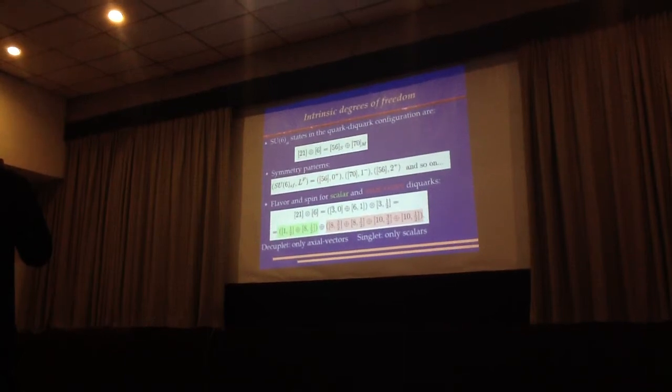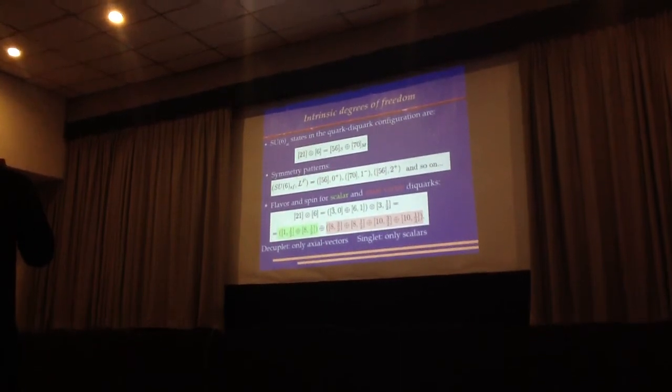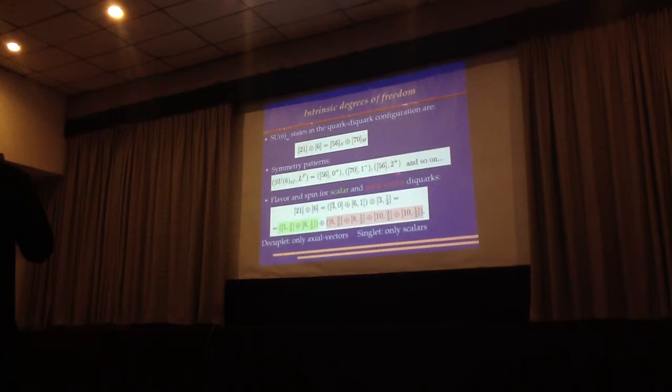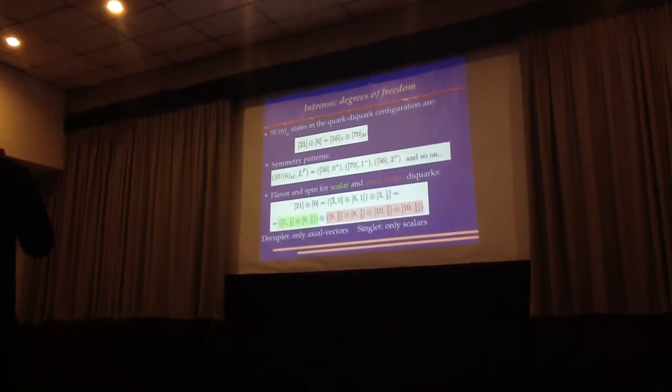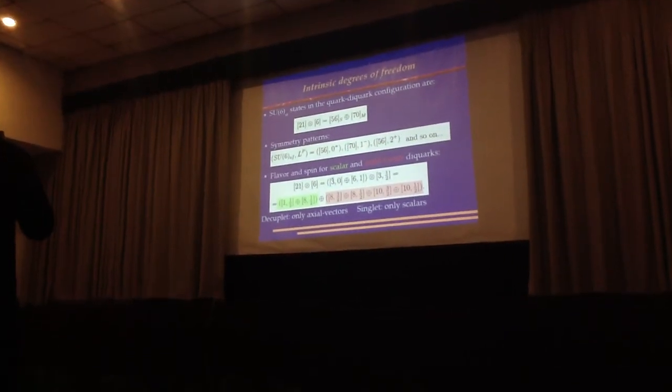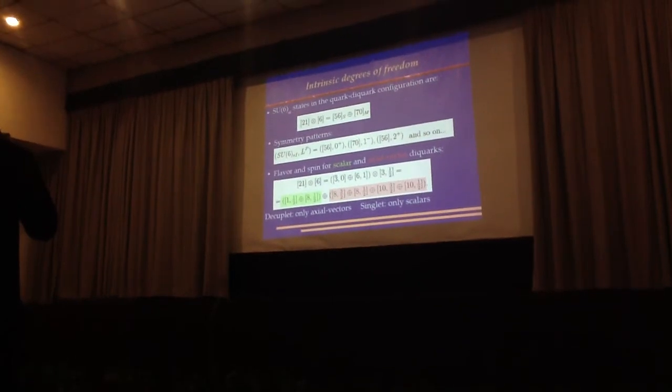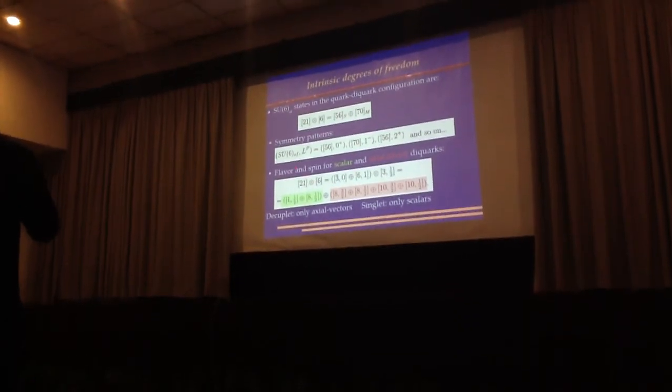So the 56 has always even angular momentum and positive parity. The 70 has always odd angular momentum and negative parity.